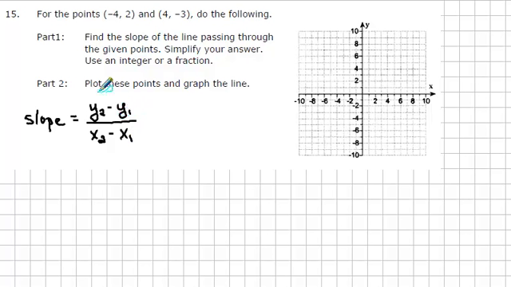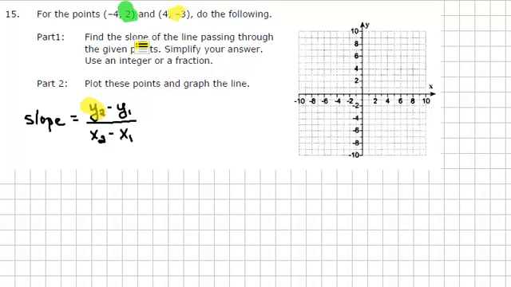y2 represents the y-coordinate of the second point. So if we designate (4, -3) as the second point, then y2 will be -3. y1 represents the y-coordinate of the first point.